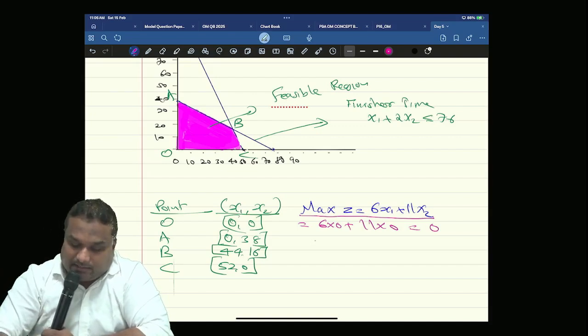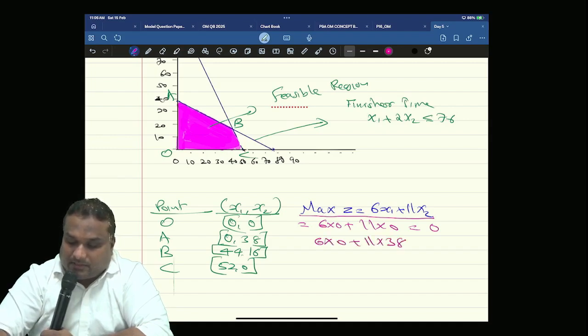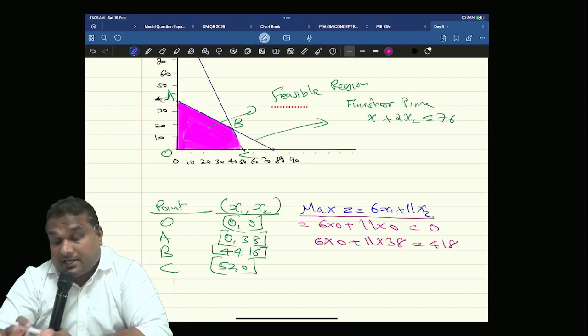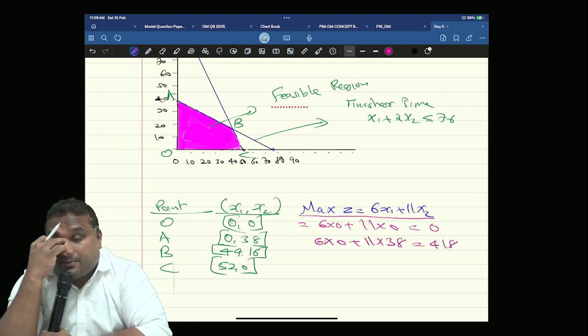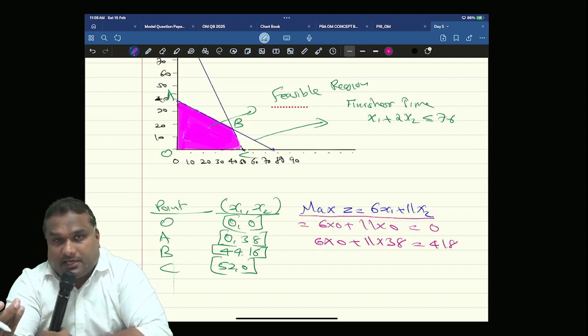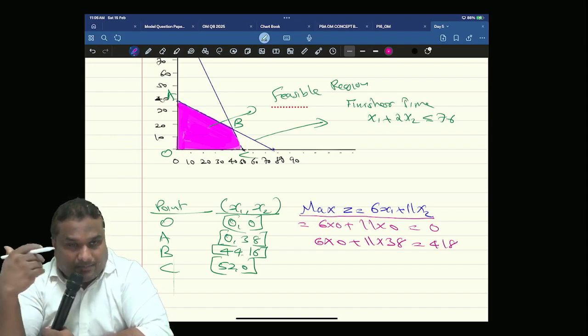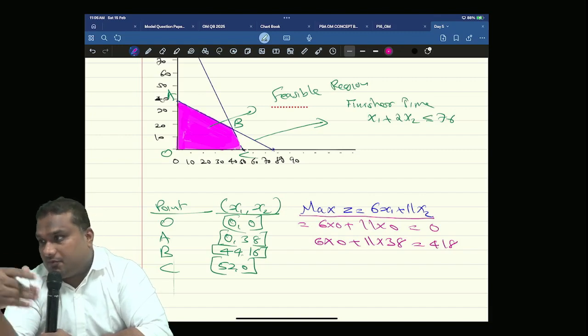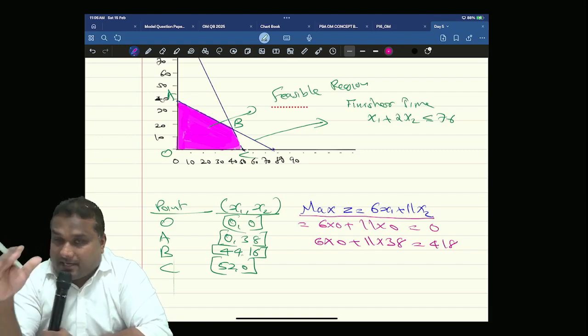Now here it is 6 into 0 plus 11 into 38. What is 11 into 38? 418. If you are not producing lamb A, and all the products made by your company are lamb B, your profit is 418.